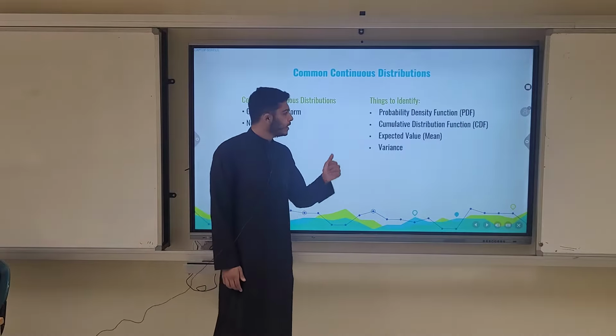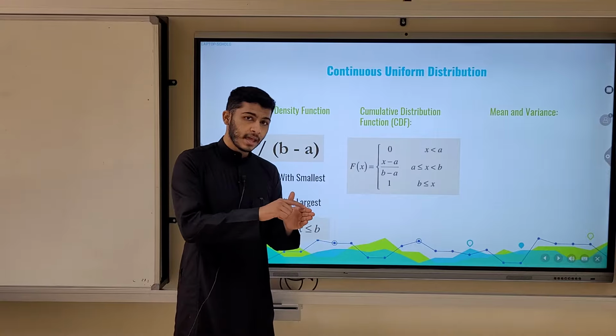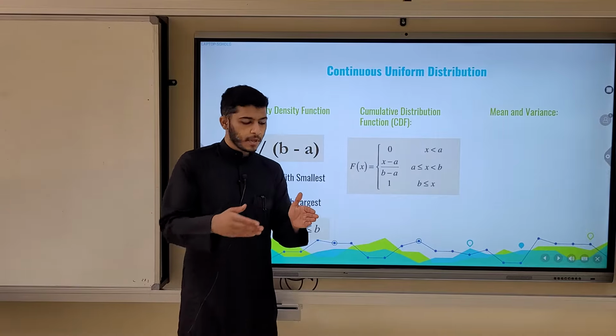So maybe your outcome goes from 1 to 4, where 1 is a and 4 is b. Whatever is less than 1 is going to be included in here, and its cumulative is going to be 0 naturally. And whatever is greater than b, which is 4 in our case, its cumulative is going to equal 1.